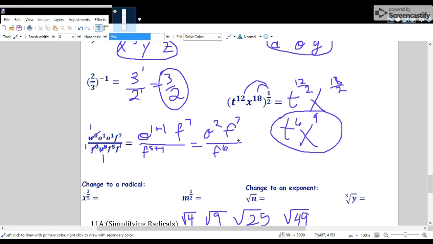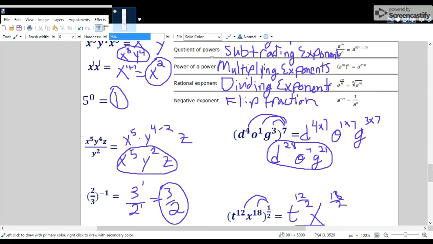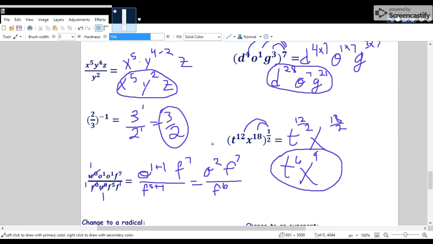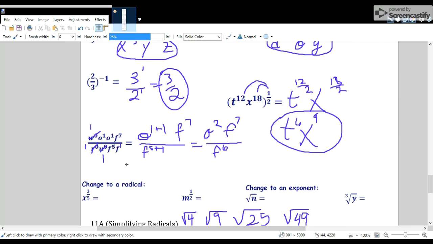We still have that fraction, so we're going to do quotient of powers, subtracting exponents. So we have o to the second power times f to the 7 minus 6 power. That's going to equal o squared times f.